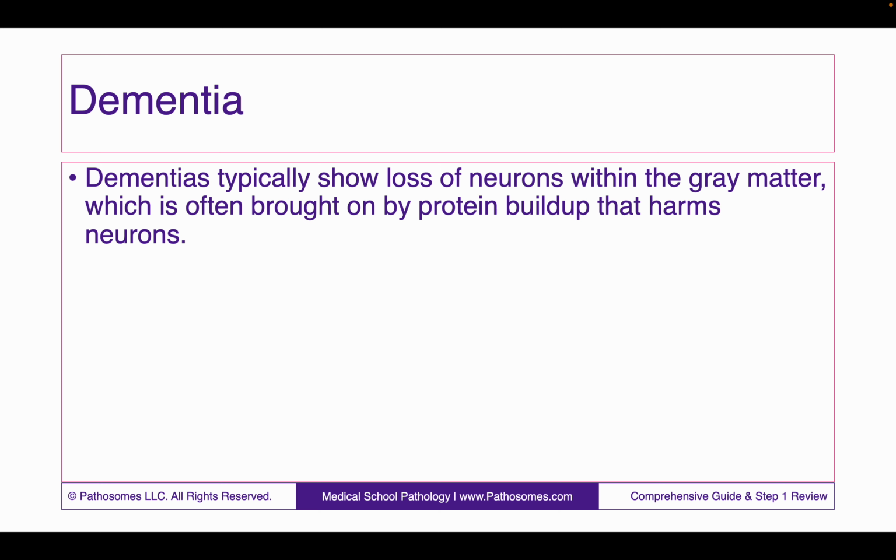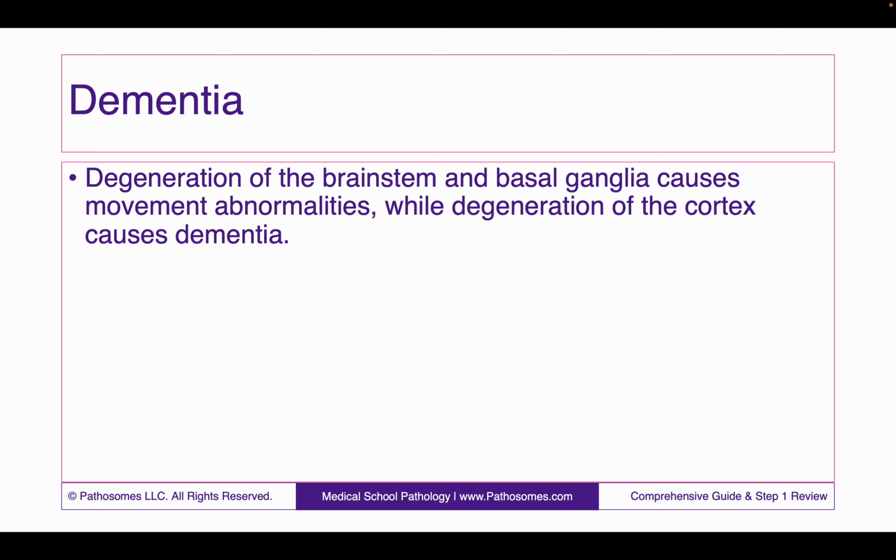Dementias typically show loss of neurons within the gray matter, which is often brought on by protein buildup that harms the neurons. Degeneration of the brainstem and basal ganglia causes movement abnormalities, while degeneration of the cortex causes dementia.